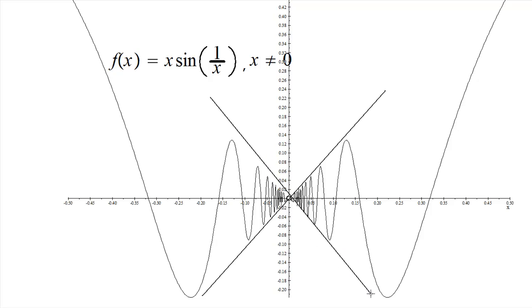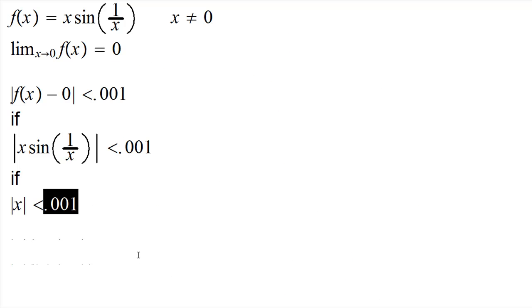I'm just graphing it very approximately. So say we took our desired proximity near the limit for the function as 0.001, then the corresponding number for x values also turned out to be 0.001.